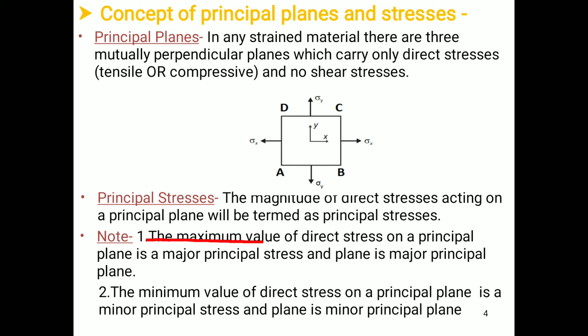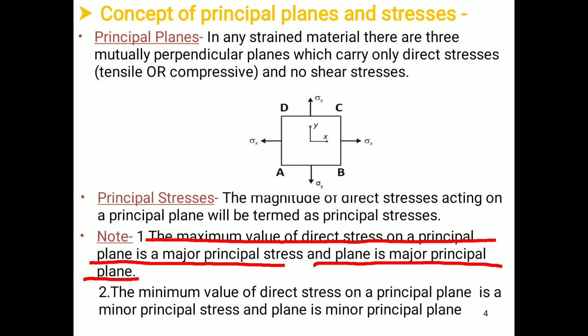Okay, now we will discuss another point. The maximum value of direct stress on a principal plane is a major principal stress, and the plane is called a major principal plane. So the maximum value of direct stress which is acting over the principal plane is called a major principal stress, and the plane which carries the major principal stress is called a major principal plane.